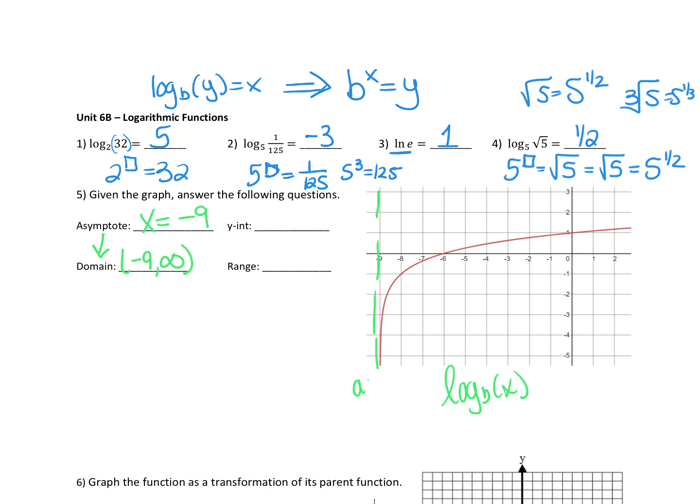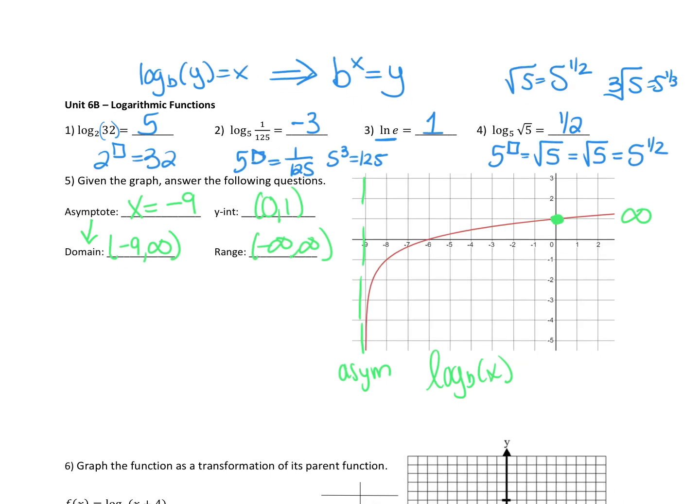So I can see that's asymptote to infinity. Our asymptote for exponentials was y, that's why it affected the range. So since my asymptote is x, that's why it affects the domain. I can see my y-intercept in my graph is here at 1, and my range is the opposite, so it's going to be -infinity to infinity, same as the domain for exponentials.